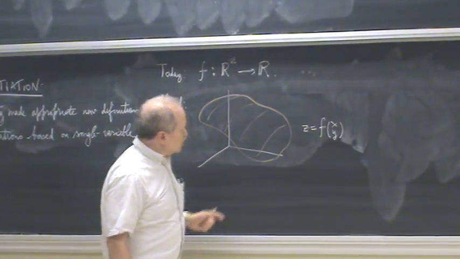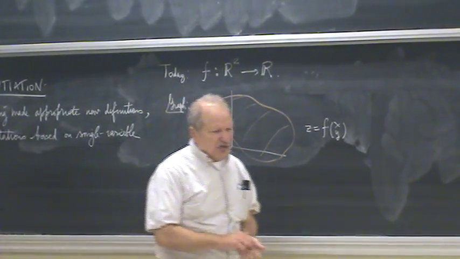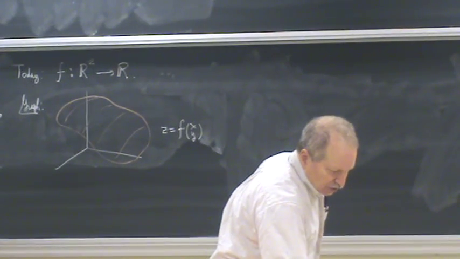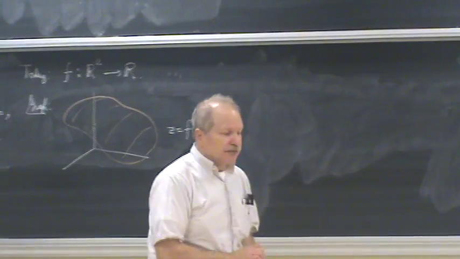But in particular, when we were starting to talk about functions of several variables a few weeks ago, I was trying to get you to think about varying one variable at a time to understand what the surface looked like.